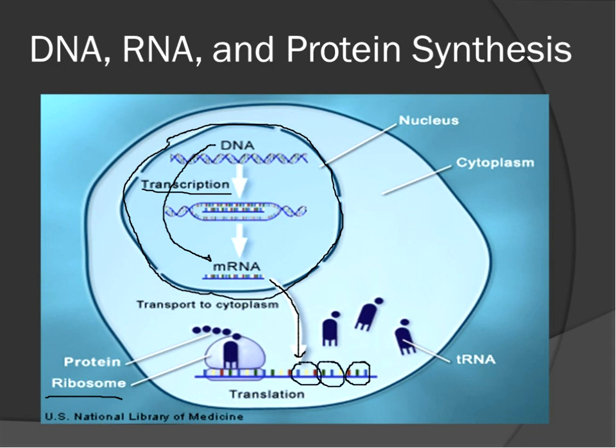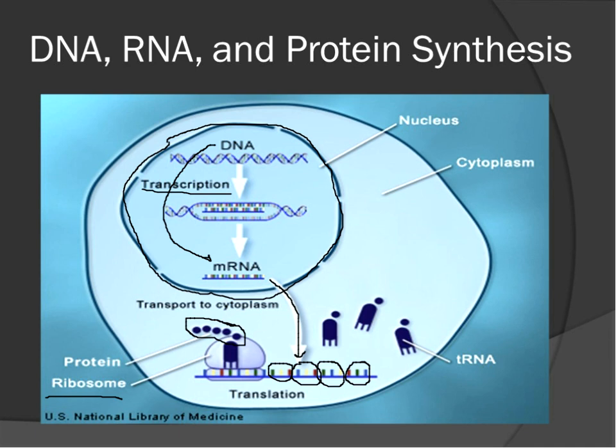Then, in translation, now the messenger RNA goes into the cytoplasm of the cell, and with the help of a ribosome, it will translate the messenger RNA 3 letters at a time. And each 3 letters stands for another amino acid. So we keep making these amino acids until it groups together to form a protein.